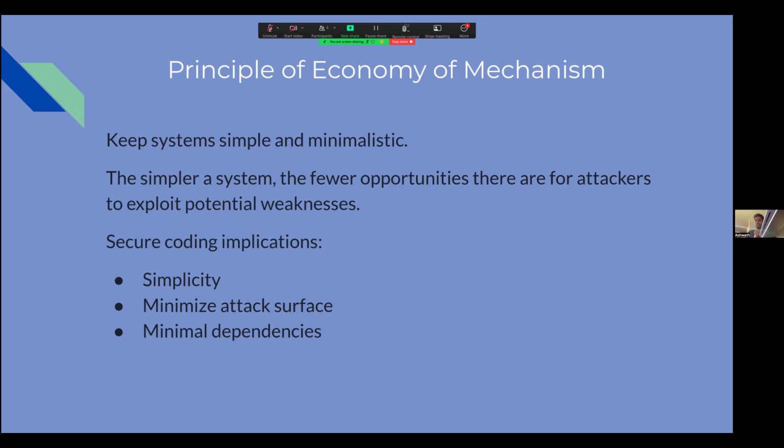Minimalistic doesn't mean your logic has to be simple, but the way you implement it should not make the system overly complicated, because then debugging might be an issue, finding the vulnerability might be an issue, and a lot of other things as well. Economy of mechanism tells you to keep your system simple and minimalistic, because a simpler system has fewer opportunities for an attacker. We're trying to minimize the attack surface.